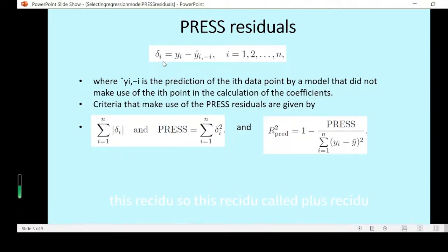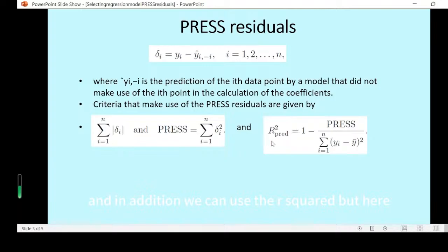This residual is called the PRESS residual. We can use the absolute value of the PRESS residual for each i-th observation, then take the sum, or we can use the square, then take the sum. So these are criteria for choosing the model based on PRESS residuals.